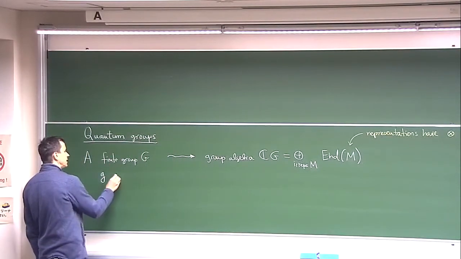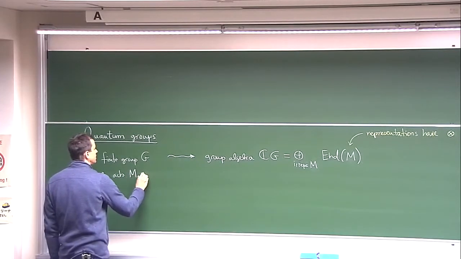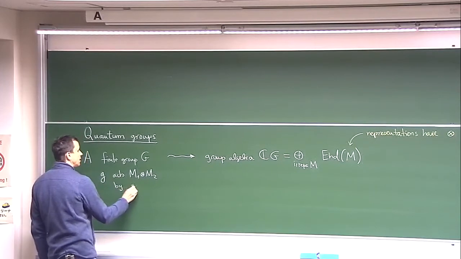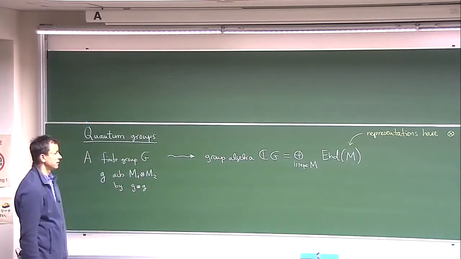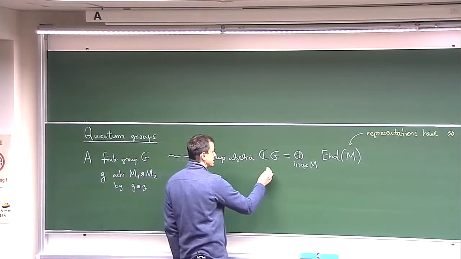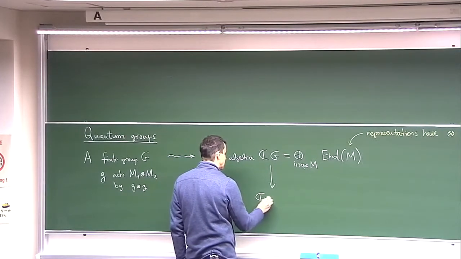So an element g acts on a tensor product of two modules by acting as g in the first factor and g in the second factor. This means from this algebra there's a homomorphism to its tensor square.